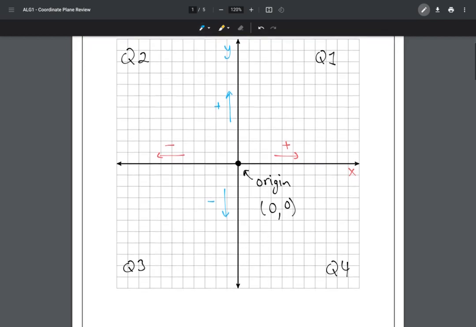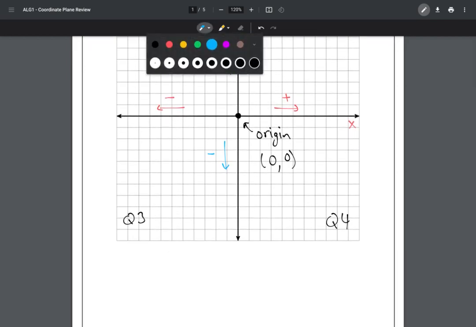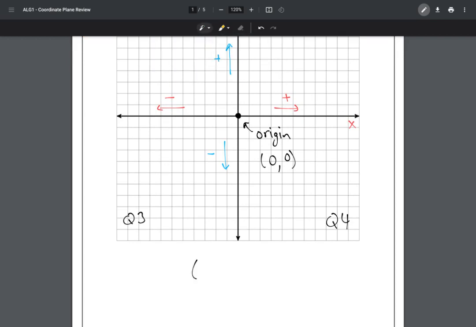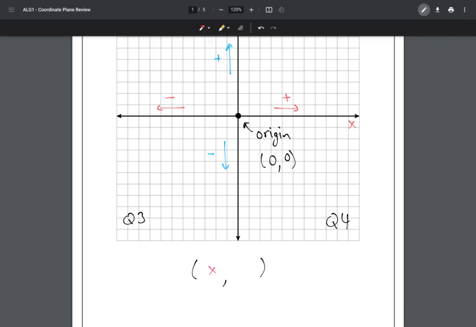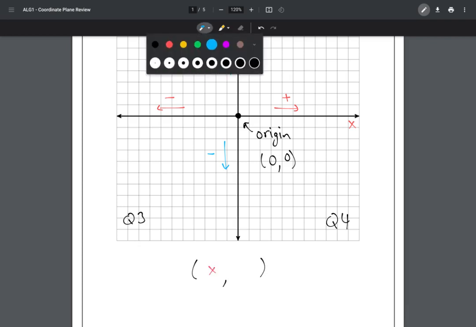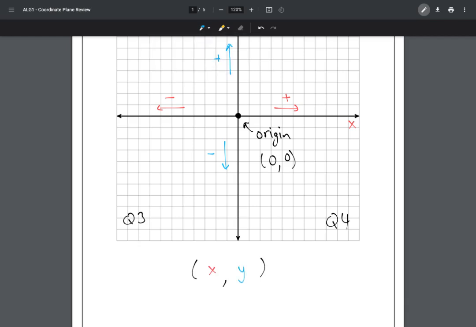Now let's actually talk about the coordinates themselves. So coordinates are always written with parentheses and a comma separating the x-coordinate and the y-coordinate. This is the order in which we always write coordinates. The x-coordinate comes first, and then the y-coordinate comes next.